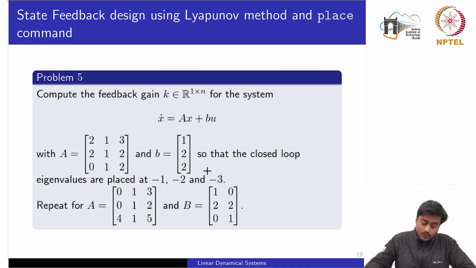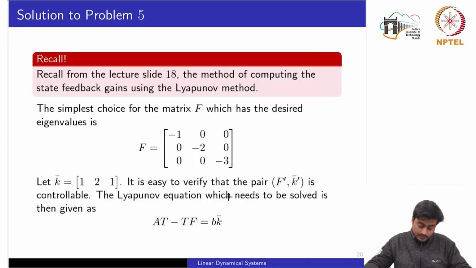Here we want to see numerically that if we use two different methods for computing the state feedback gain to place the eigenvalues at the same location, whether those gains would be the same or different. We will see this problem with the single input variable case and also with the multi input variable case, because the B matrix contains two columns. So first we will solve the single input variable case.